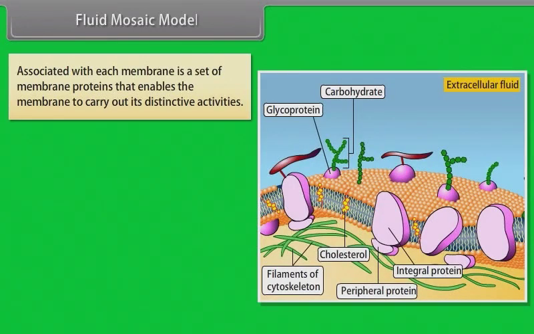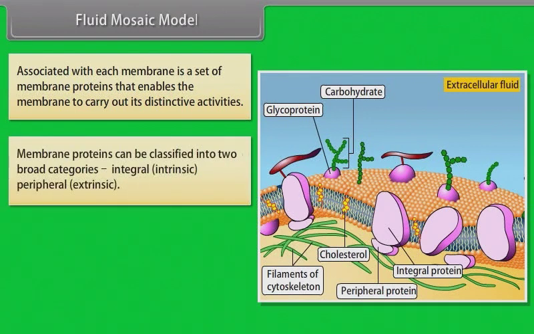Associated with each membrane is a set of membrane proteins that enables the membrane to carry out its distinctive activities. Membrane proteins can be classified in two broad categories: integral, that is intrinsic; and peripheral, that is extrinsic.